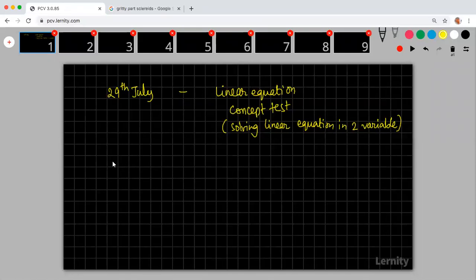And then 31st July, you have linear equation, 3.5 exercise based problems.